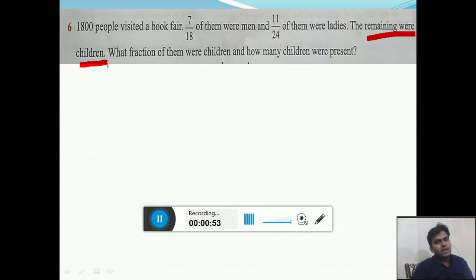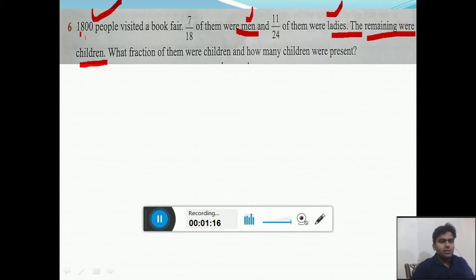So we can easily find the number of children. If we have the number of men and the number of ladies, then how can we find the number of children? By subtracting the number of men and the number of ladies from 1800.